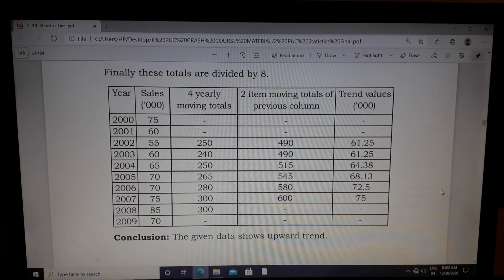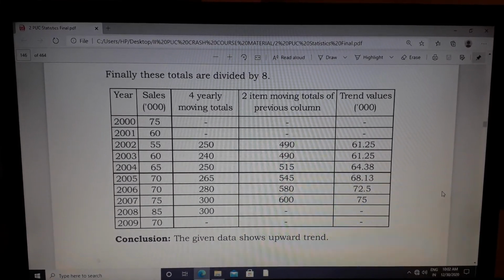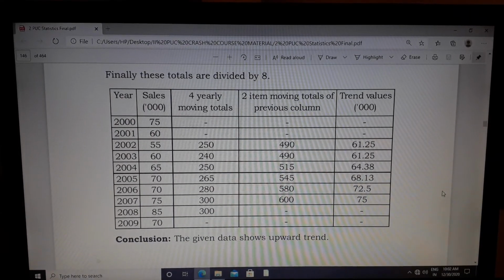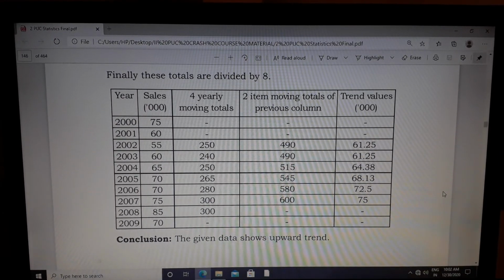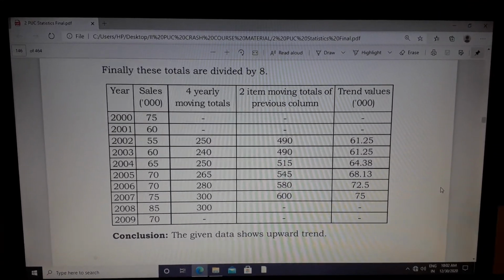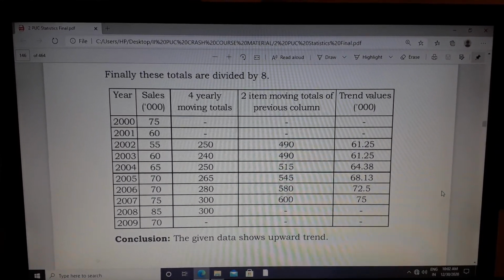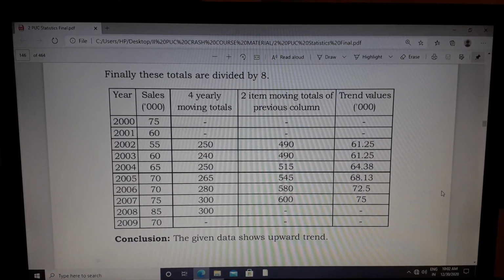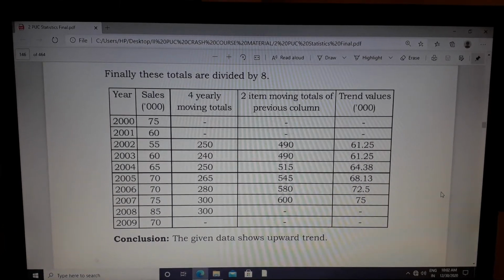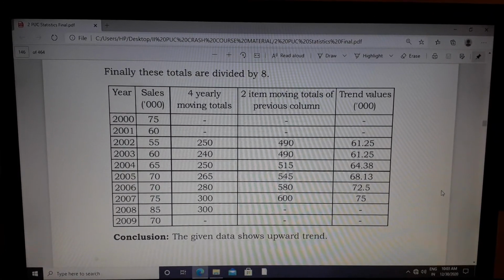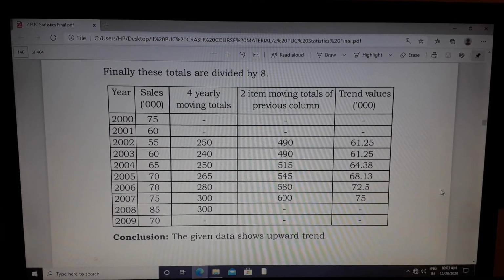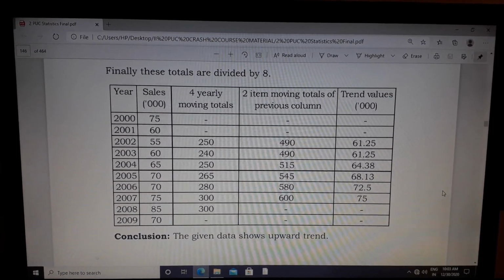Clear? And then the final total, the 2 item total, is divided by 8, because that 490 has been added by 4 items, and then again 490 has been added by 4 items. So together 8 items you have been adding. So both totals, 61.25, 61.25, are obtained by dividing by 8. This is the 4 yearly moving total, which differs from 3 yearly and 5 yearly moving averages.